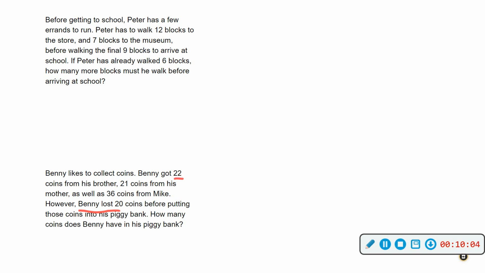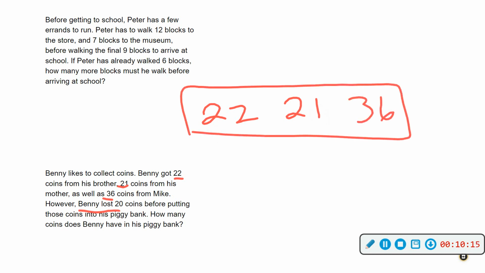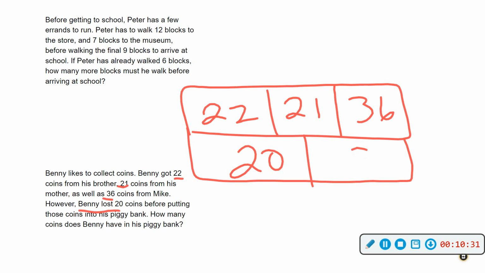So we're going to look and see what all we do know and put them together. We have 22, 21, and 36. We know those are all the deposits that he was given for those amount of coins. What we don't know is how many he still has, because he lost some of these coins. So that means we are going to take 20 and find out how many coins he has left.